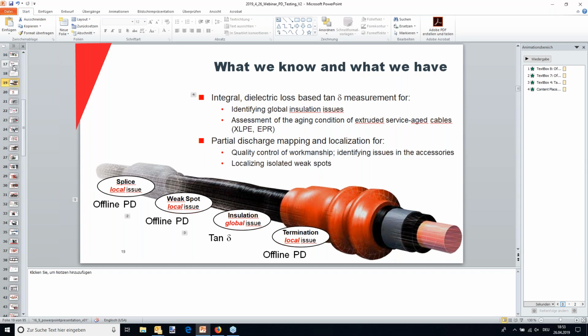And a related question to this online versus offline. Differences between a UHF PDD versus a PD scan. So in talking about our products in this case, but the methods behind that, a PD scan is really a small device for the medium voltage switchgear.